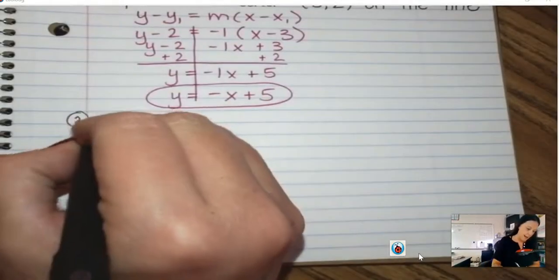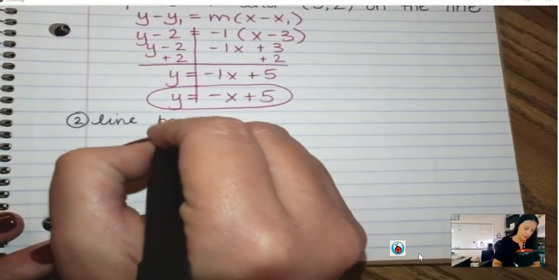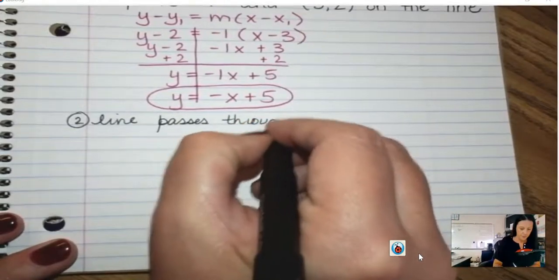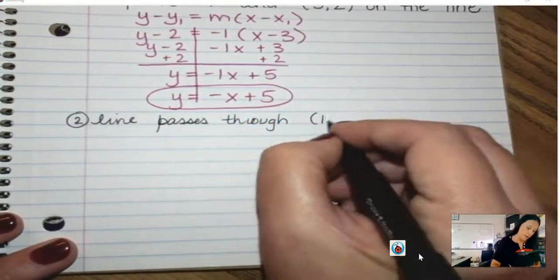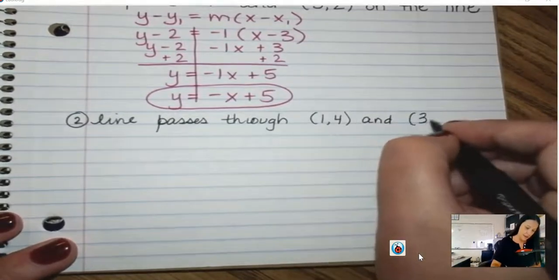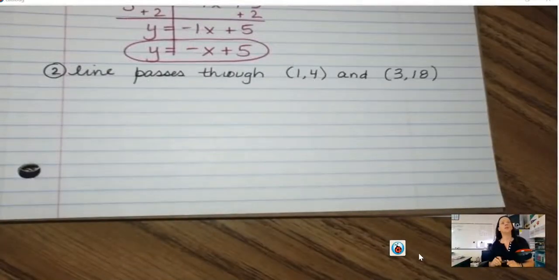Okay, the line passes through 1, 4 and 3, 18. The line passes through 1, 4 and 3, 18.